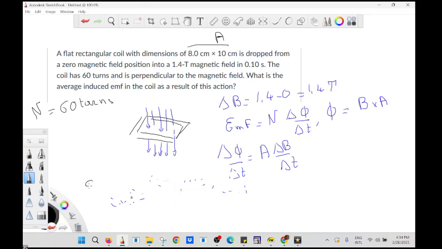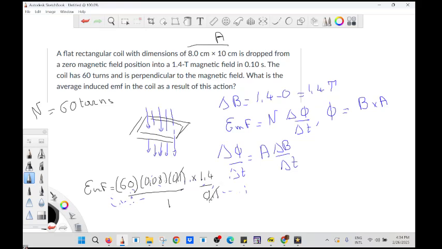So the EMF will be 60, the number of turns, times the area, which is 0.08 times 0.1, times the change in B, which is 1.4, over the time elapsed, which is 0.1.